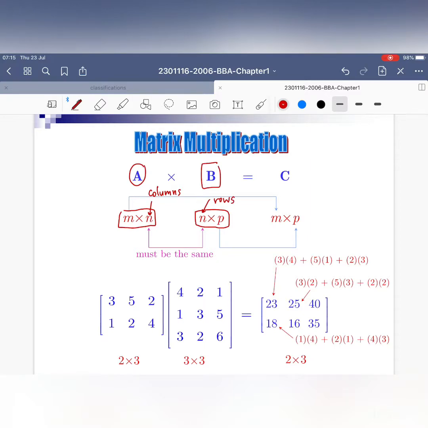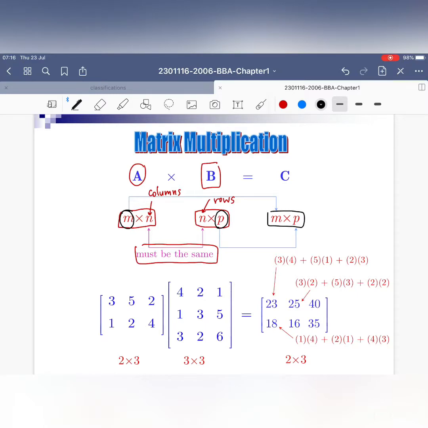So the column count of your A must be the same as the row count of your B. Okay, but then the resultant of your multiplication is of m rows and p columns. It is this size, m rows and p columns.